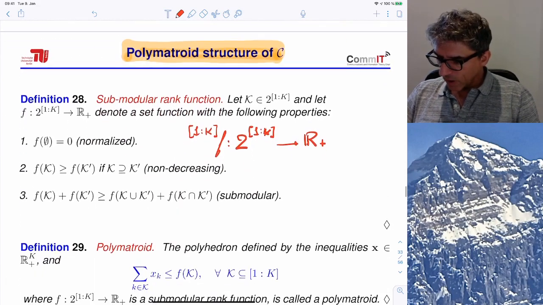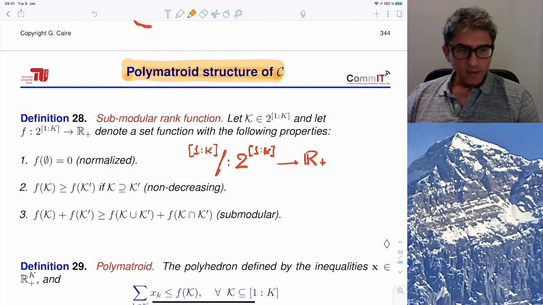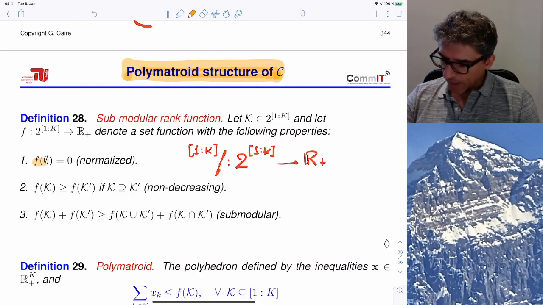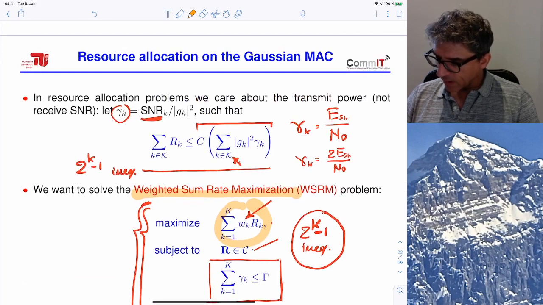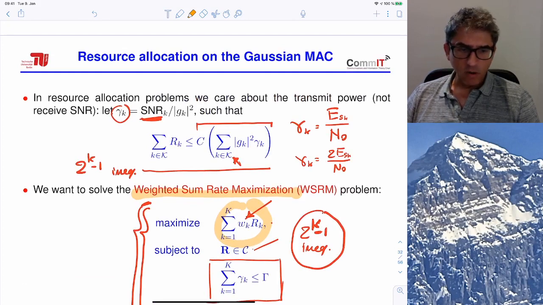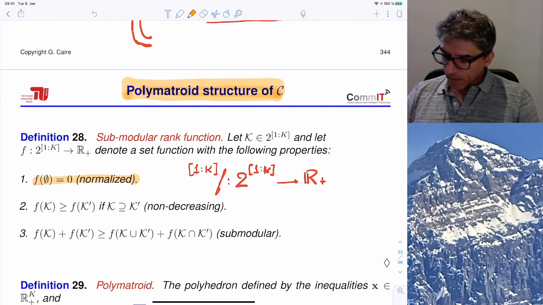In addition, a set function is called a rank function or submodular rank function if it satisfies the following three properties. First of all, it's normalized, so f of the empty set is 0. And we are in this case, because when the set is empty, we have C of 0, which is log of 1, and log of 1 is 0. So property number 1 is satisfied. Property number 2 is non-decreasing.